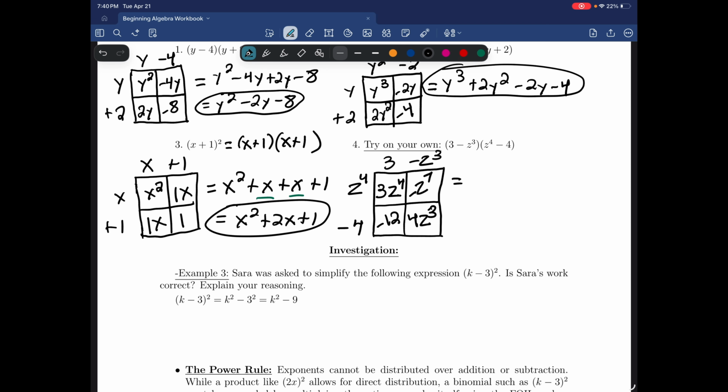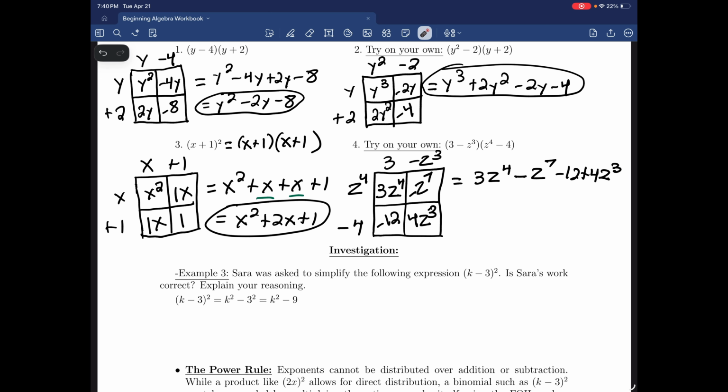And now that we have it all filled in, let's just write out all of our terms. So we have 3z to the 4th minus z to the 7th minus 12 plus 4z cubed. Now here, notice our polynomial that we wrote out doesn't have any like terms, but I'm not going to circle this as my final answer because it is not in standard form.